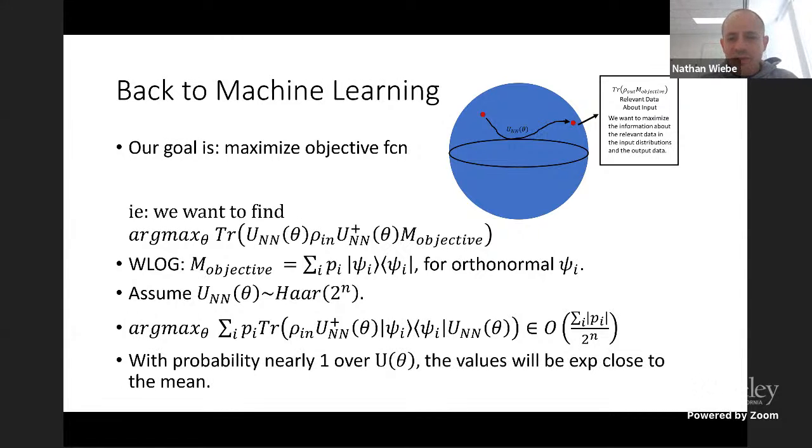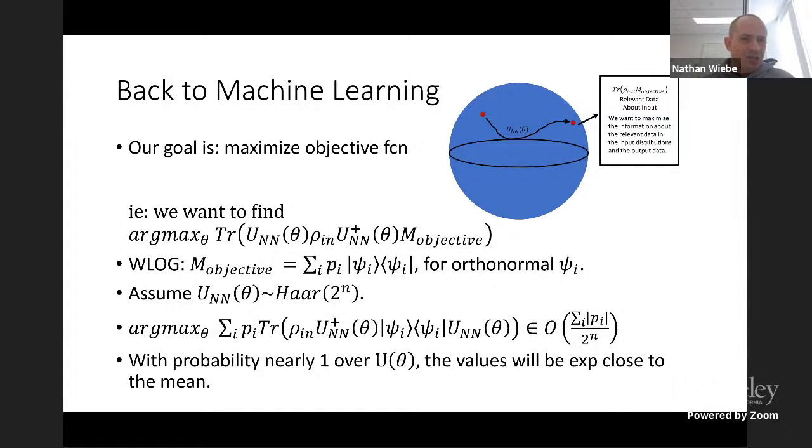Going through the exact same type of arguments about the variance, we find that with probability 1, virtually all the random initializations we would get under this Haar random model lead us to quantum neural networks that predict virtually nothing. So almost all random initializations for quantum neural networks are next to useless.